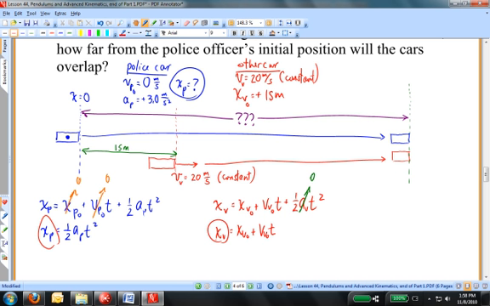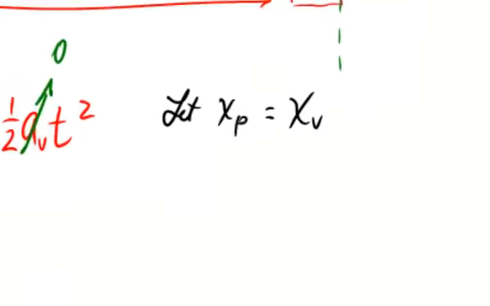Alternatively, you could solve one of the equations for the time, substitute it into the other equation, and then solve for the position. It doesn't matter which. I'm going to go the first way: set the positions equal to each other, figure out the time, and then substitute that time into one of the equations of motion. So I'm saying let the police car's position and the violator's position be equal to each other.